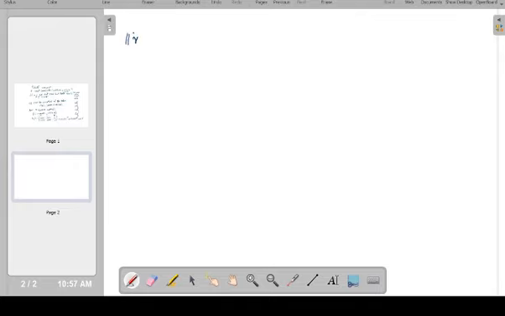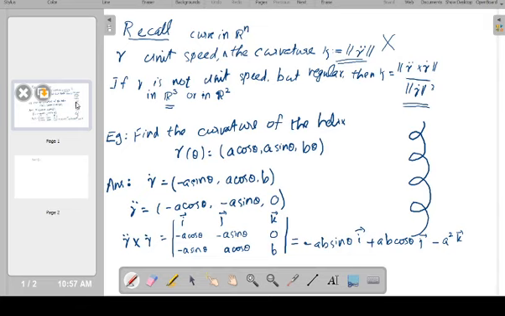Norm of gamma double dot cross gamma dot equals square root of a square b square sin square theta plus a square b square cos square theta plus a to the power 4.